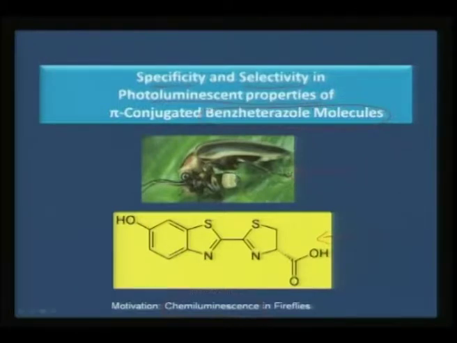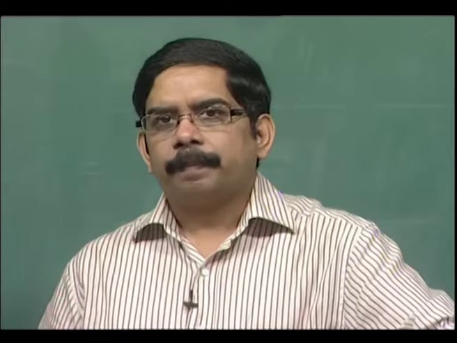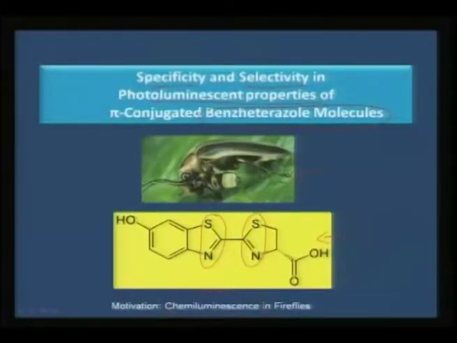So, what is the molecule that is responsible? It is actually called luciferin or luciferase molecule, because in this molecule the functional groups or the chromophoric groups that are responsible for strong emission come from this Benz thiazole moiety.